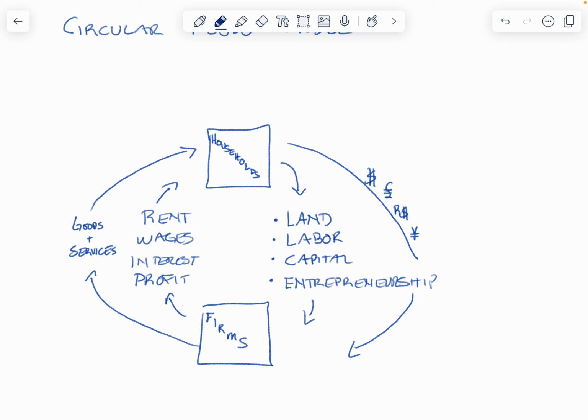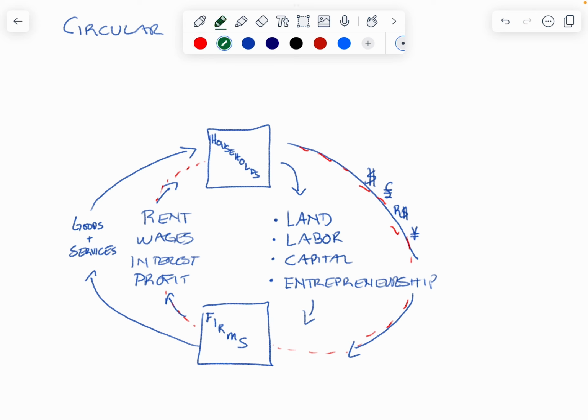So we can see here the way in which money flows from the households to the firms and then flows back from the firms to the households in the forms of rent, wages, interests, and profits.